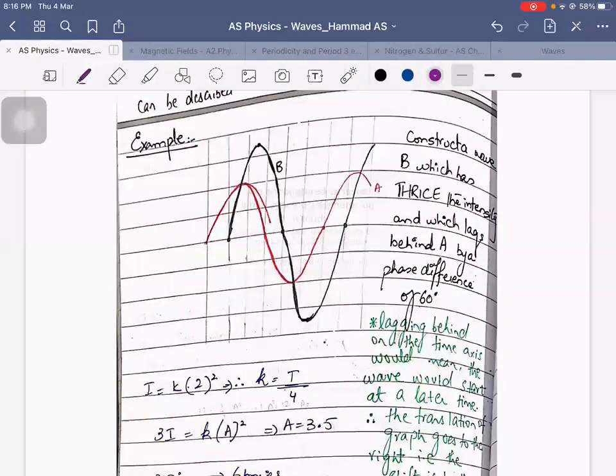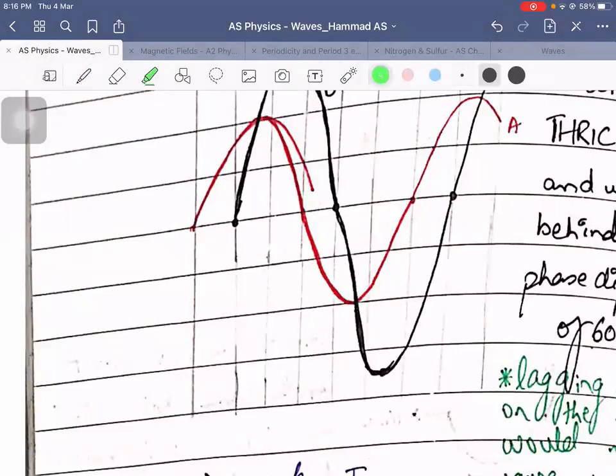But what if on a wave, let's say you were asked about this point, and let's say this point. Now you need to understand that when there is any random point such that it is not in phase, not out of phase, meaning to say there is no proper phase difference value, right? We use the concept of leading and lagging.